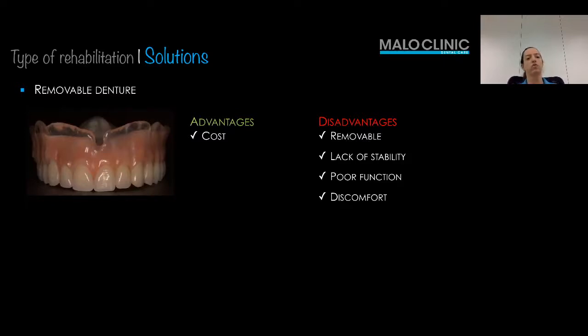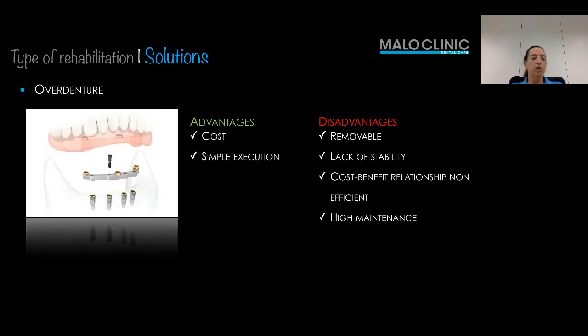When we talk about a removable denture, the biggest advantage, of course, is the cost, but it has a big disadvantage in that it's removable, it has lack of stability, it has poor function, and it's very uncomfortable for the patient. In terms of the overdenture, unfortunately, it's still a removable one.